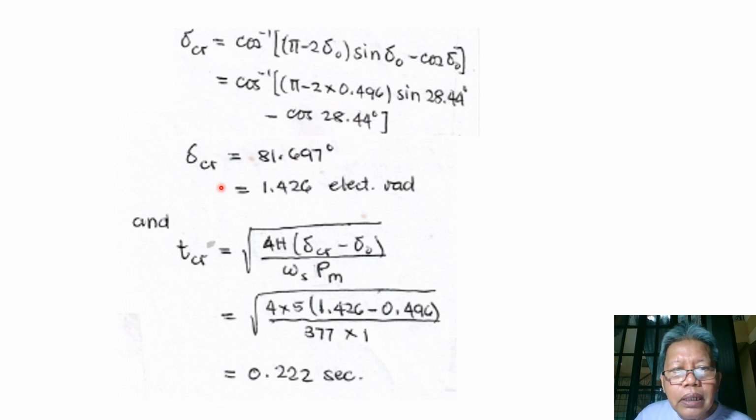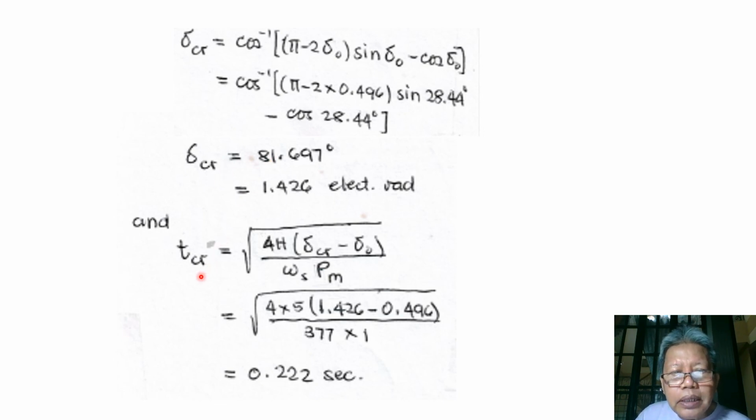So our critical rotor angle delta CR is 81.697 degrees, or 1.426 electrical radians. So our delta CR here is near 90 degrees already, for the generator to remain stable when the fault is not removed at a shorter time.